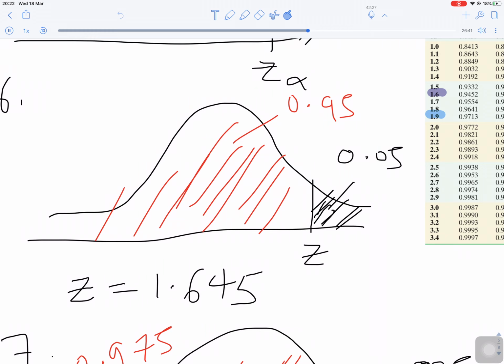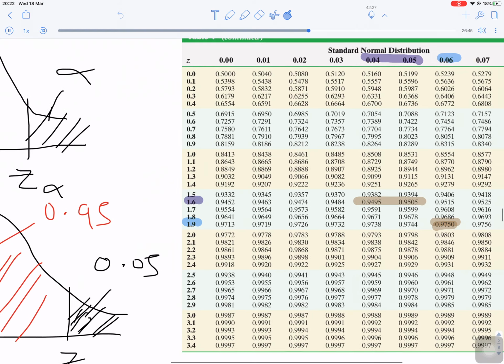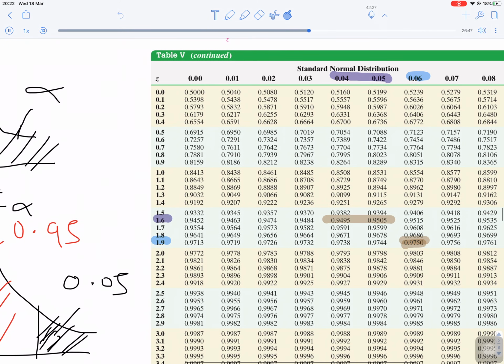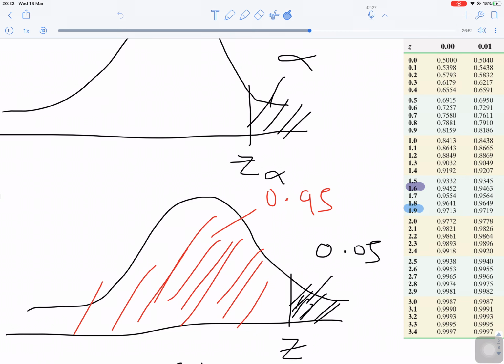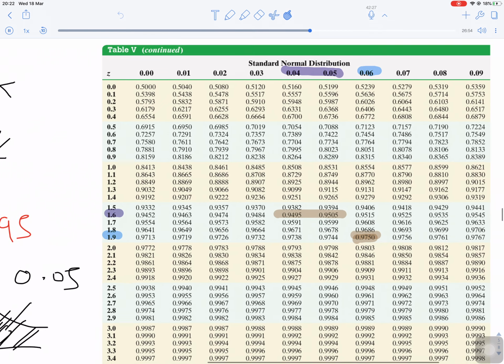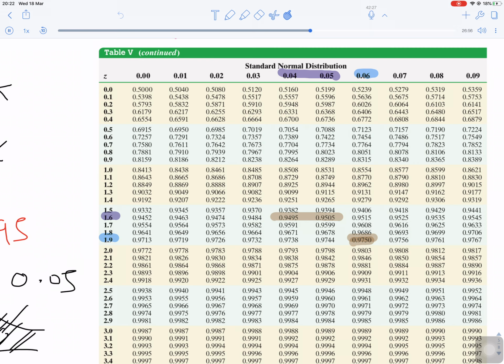So the area to the left of the z-score we are looking for is then 0.95, which is 1 minus 0.05. So with 0.95 as our area to the left, then we look in the table and see the z-score that corresponds with the area of 0.95.